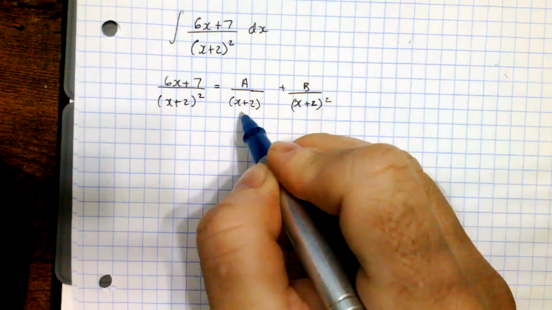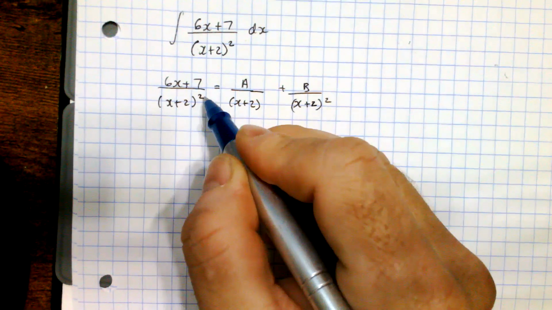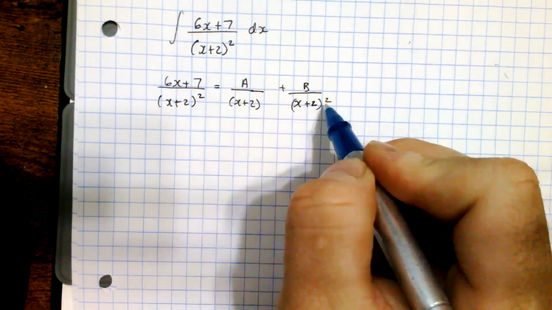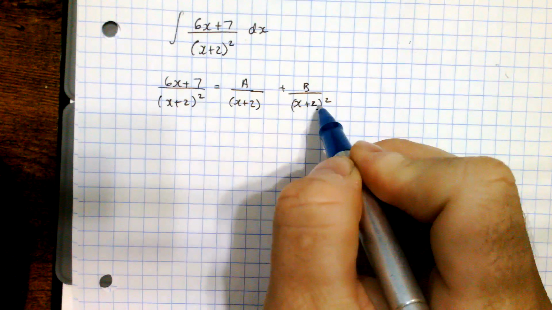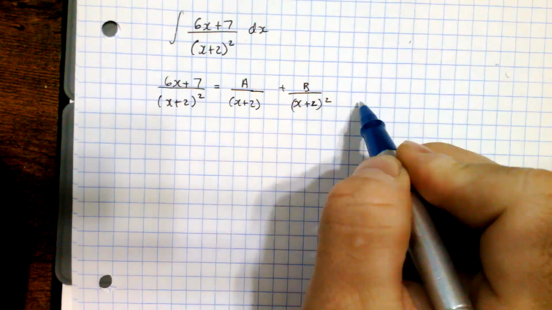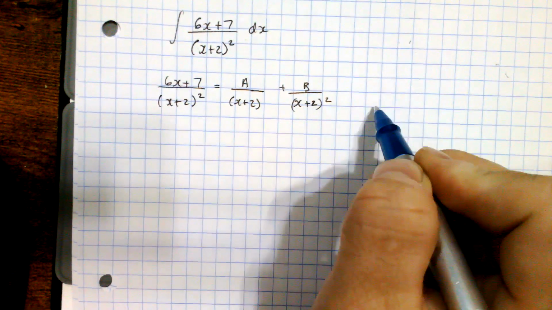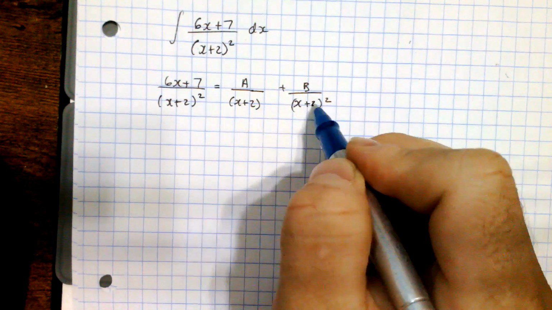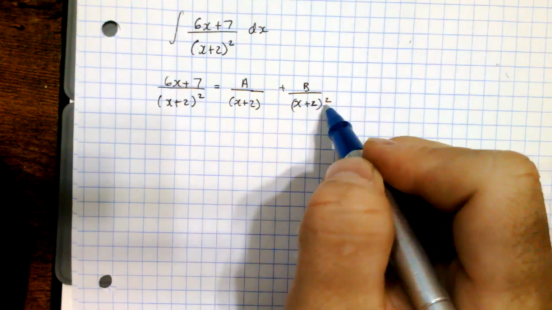So for every term that you have, you're going to multiply. If this was a cube, then you would have an x plus 2 squared and then a plus c over x plus 2 quantity cubed. So for each of the repeated roots, we're going to get an extra factor to consider.